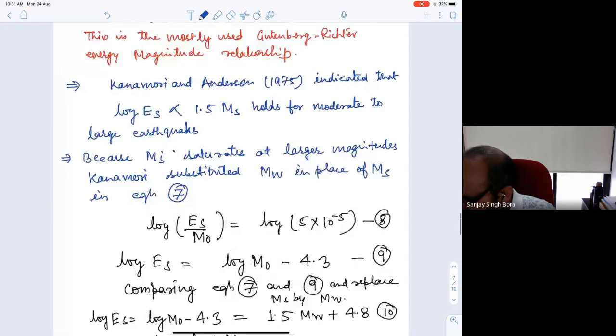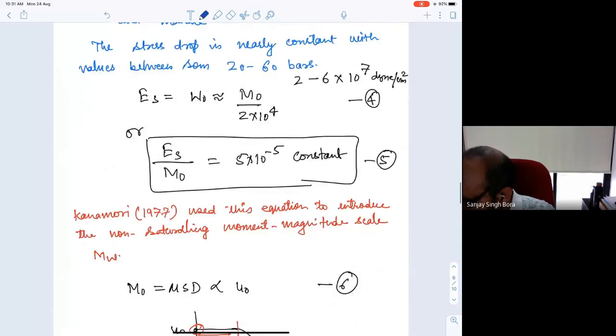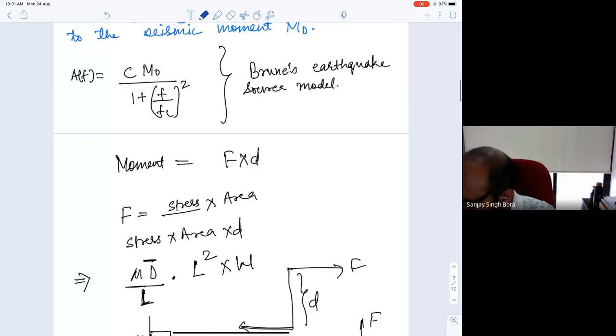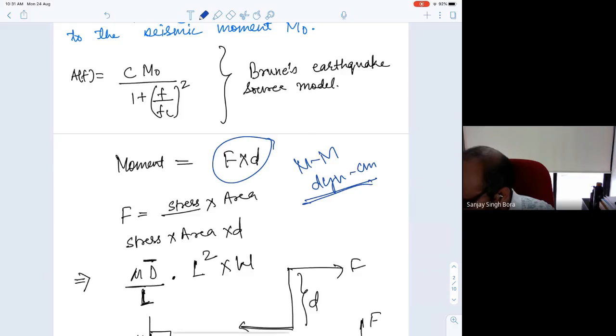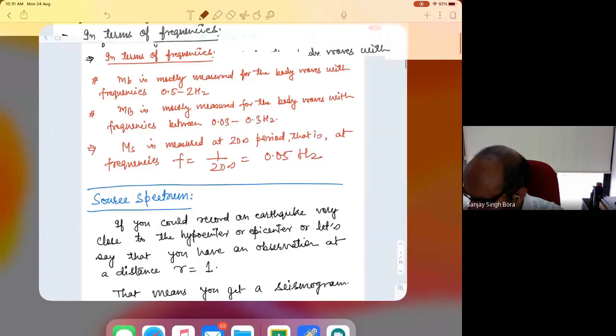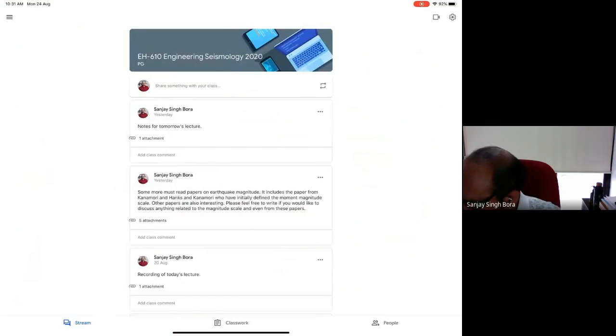As far as I know there is no derivation for M0, but this is the definition, that it has a unit of moment, either Newton meter in the MKS system or dyne centimeter in the CGS system. Or you can try to find out this definition also, or I will try to find it in the next class also.